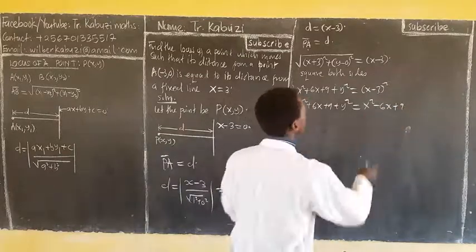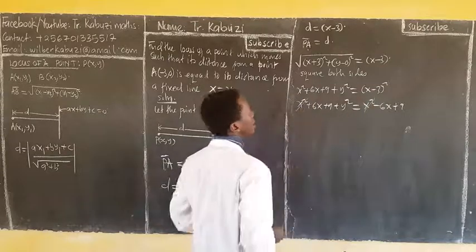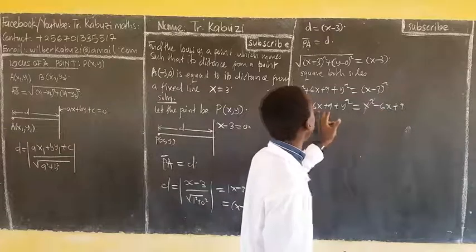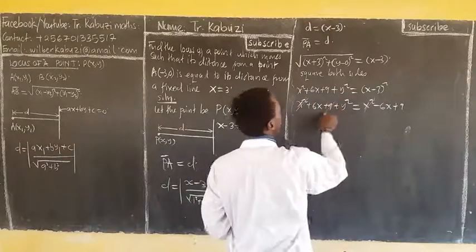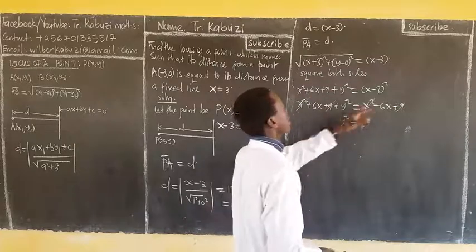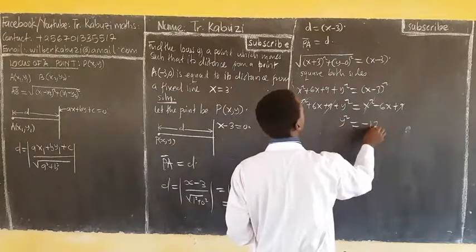So you see that this will cancel with that, and also 9 is going to cancel. So I have y squared equaling, when I take this inside, negative 12x.